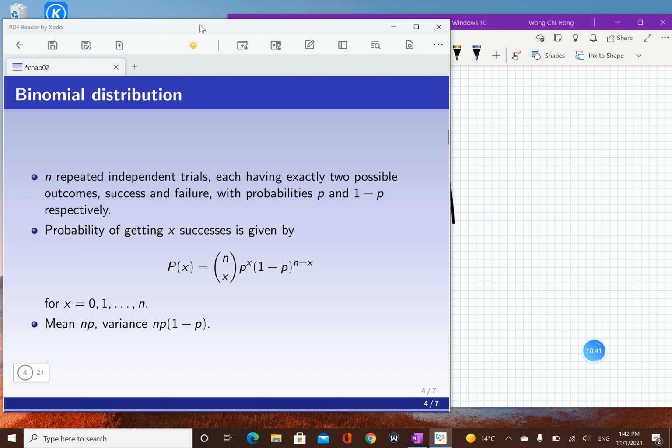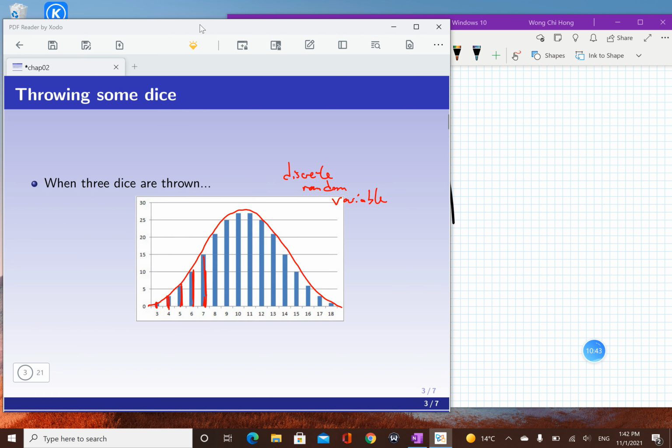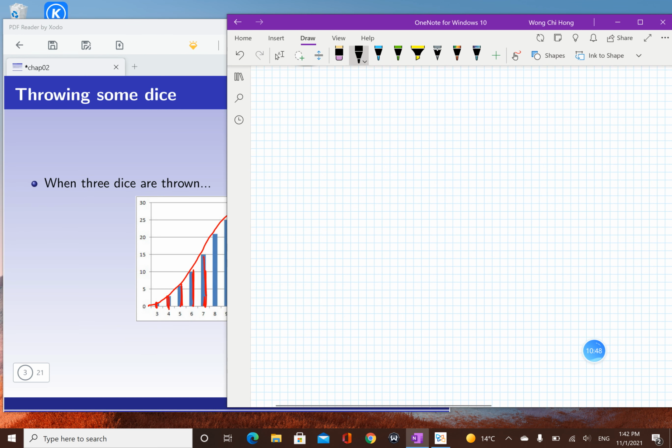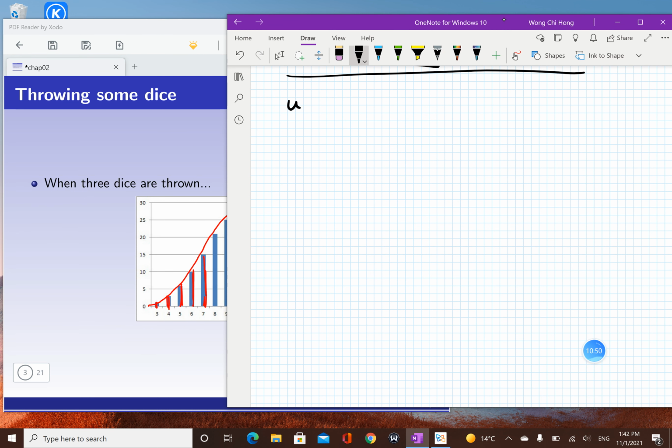Actually, I'll begin with the uniform distribution. This one is easier. The uniform distribution, as the name suggests, goes all the way from x equals 1 to n.